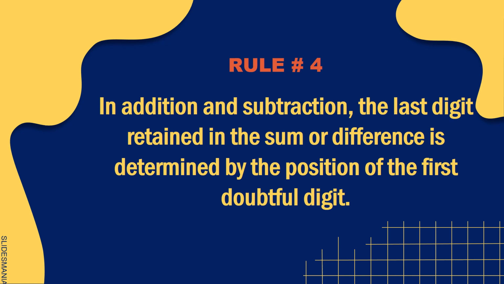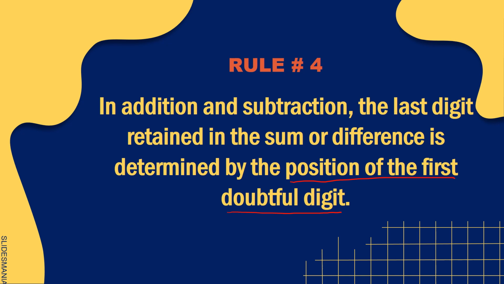Rule number 4: in addition and subtraction, the last digit retained in the sum or difference is determined by the position of the first doubtful digit. So what is a doubtful digit? A doubtful digit refers to the last digit or the smallest number of digits in the decimal place.